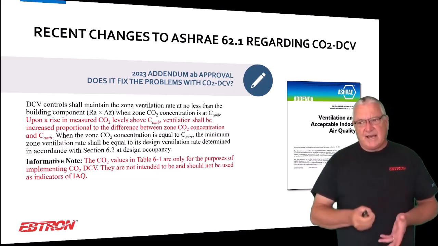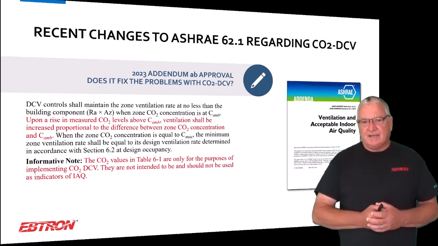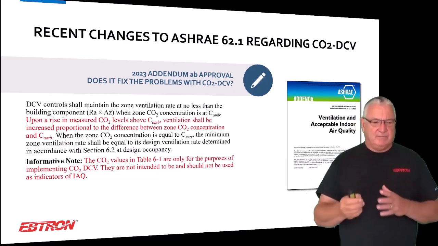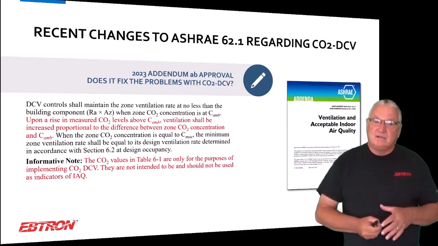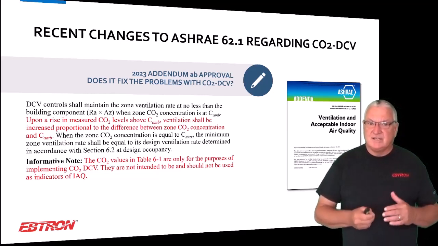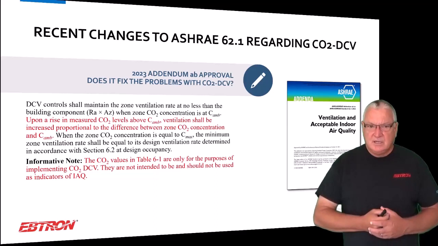there's still going to be a lag problem, but I think there's going to be a real big problem in verifying that this is actually working. But basically what 62 is doing, it's this addendum AB, it was just released.